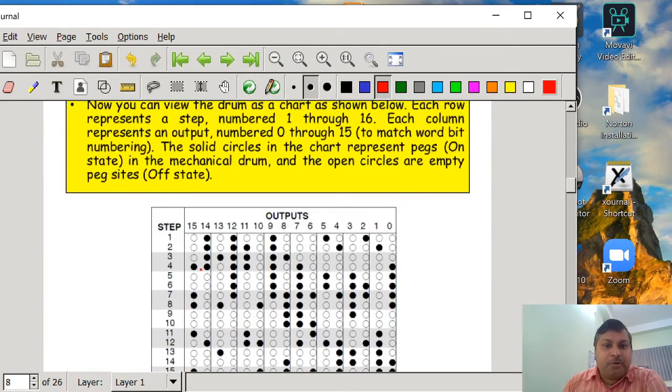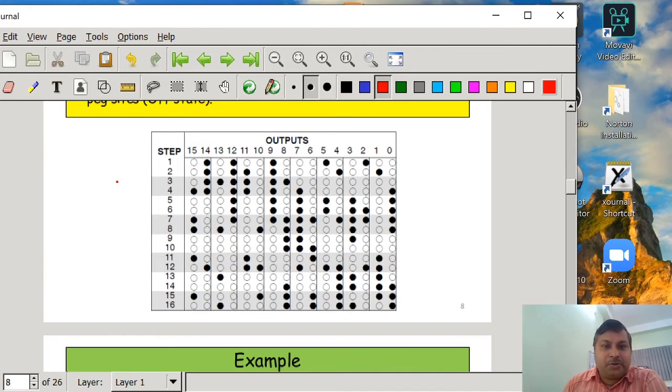Now here you can see that a table has been shown pictorially. Suppose we are going to control 16 outputs in different patterns with 16 steps. This is the chart from which we can see the pattern to turn the outputs on and off.